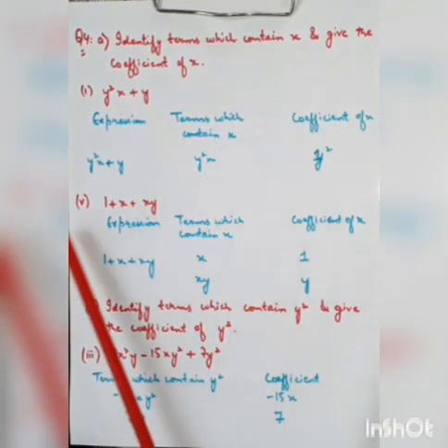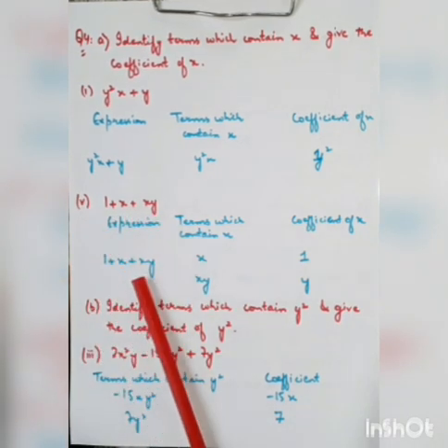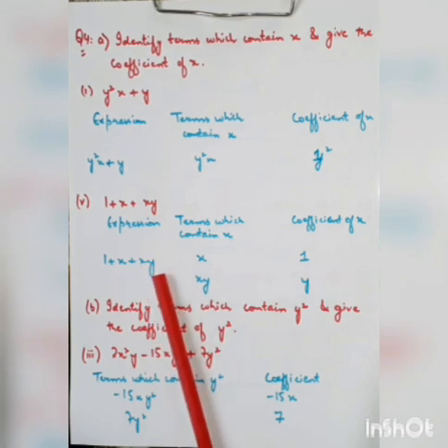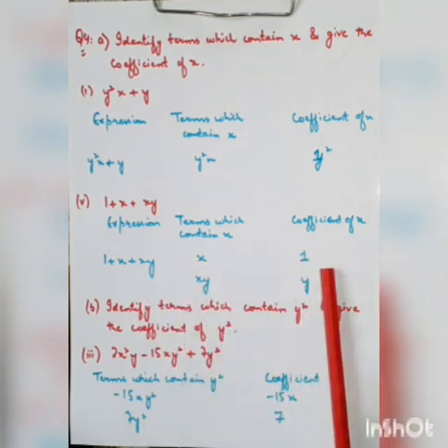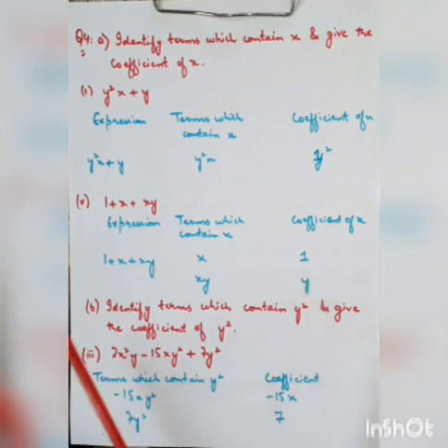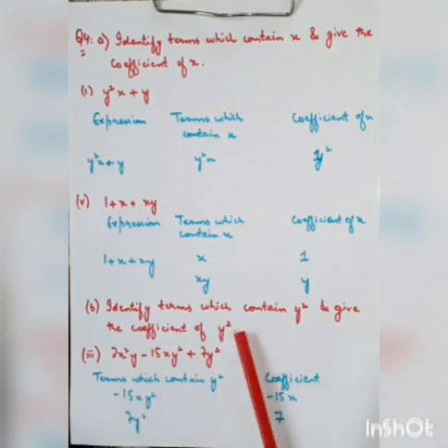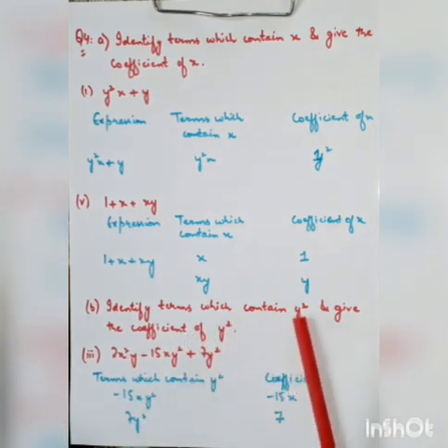Okay. Then part 5th is 1 plus xy. So this is the expression and the terms which contain x are this x and xy. Now this x has coefficient 1 and this xy has coefficient y. Okay. Then part B is: identify terms which contain y square and give the coefficient of y square. Now we have to identify the terms which have y square and tell the coefficient with that y square.